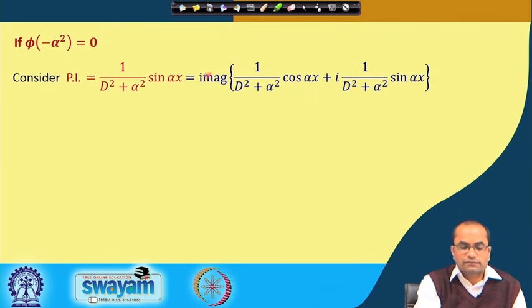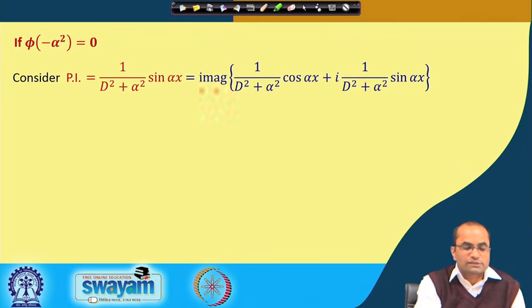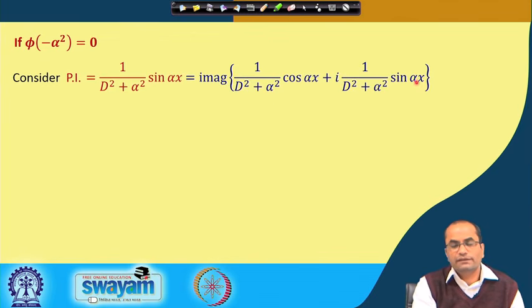we will collect the imaginary part of whatever we get here, because the imaginary part is precisely what we want to evaluate. But what simplification have we made in this way? If we combine this, we have 1 over d square plus alpha square and cos alpha x plus I sin alpha x.